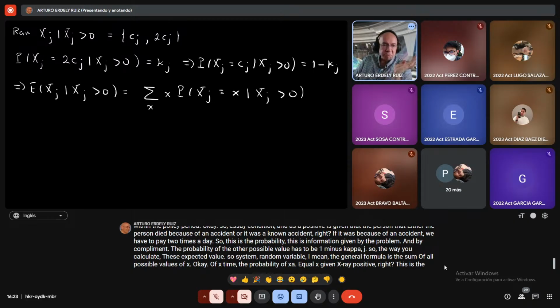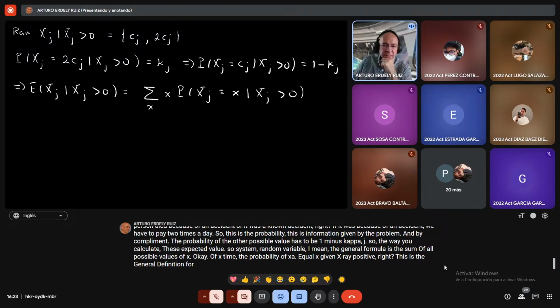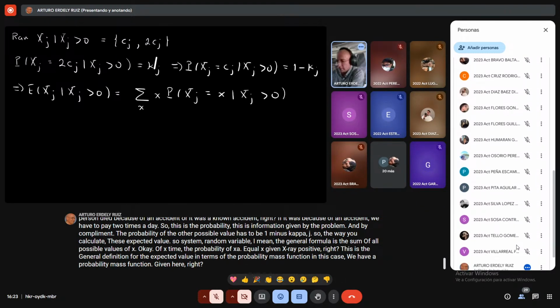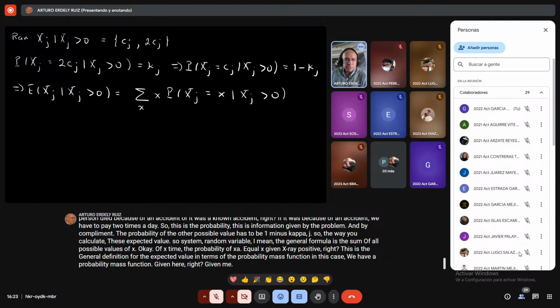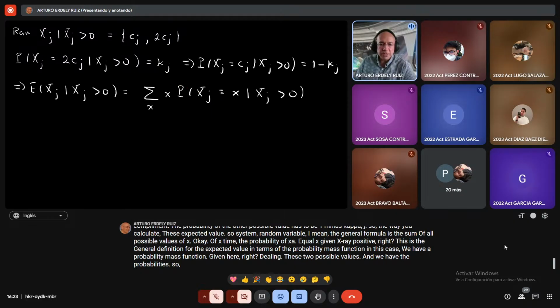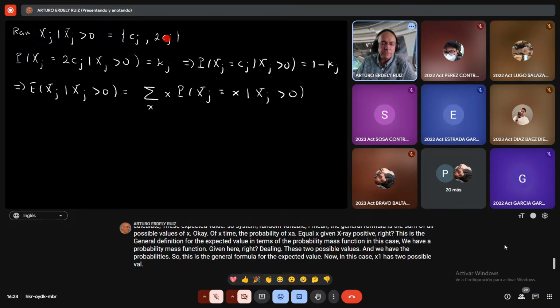This is the general definition for the expected value in terms of the probability mass function. In this case, we have a probability mass function given by these 2 possible values, and we have the probabilities. So this is the general formula for the expected value. Now, in this case, x only has 2 possible values. So again, what was your question here?